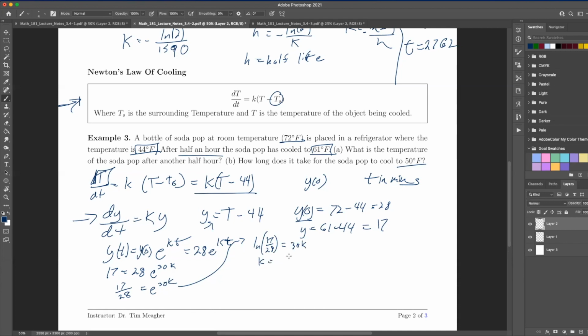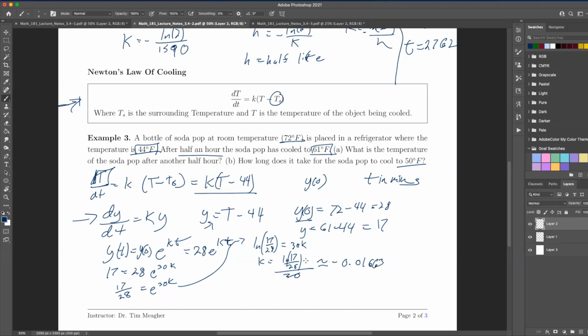So k equals ln of 17 divided by 28, all over 30. And that is roughly equal to minus 0.0163. Oh, no, there's another 6 in there.